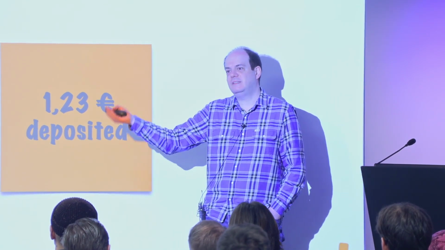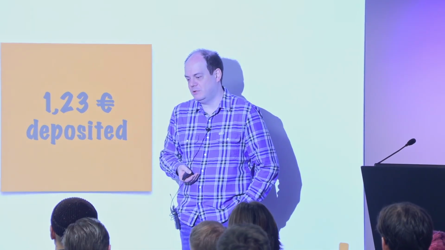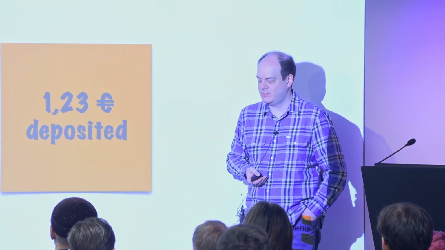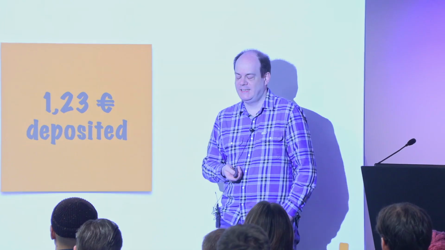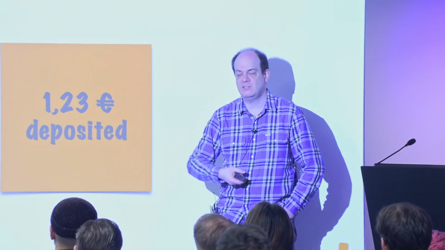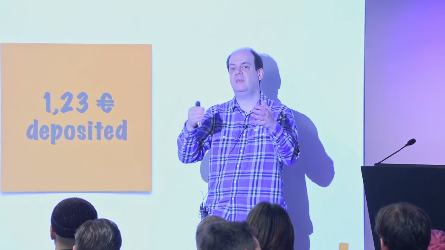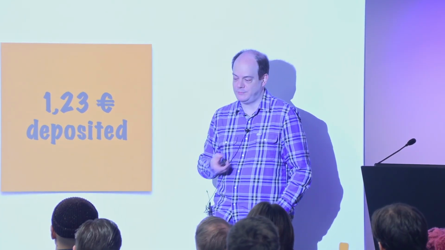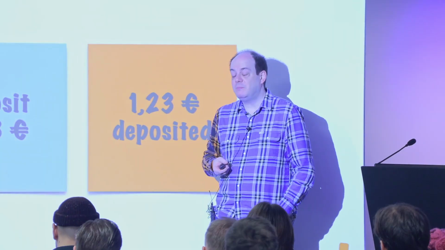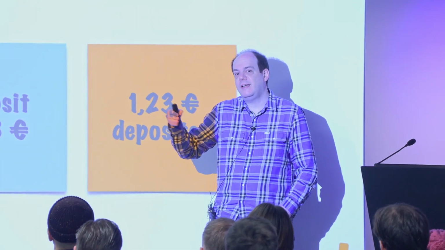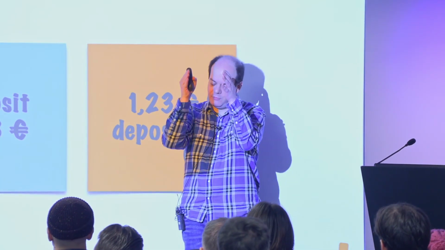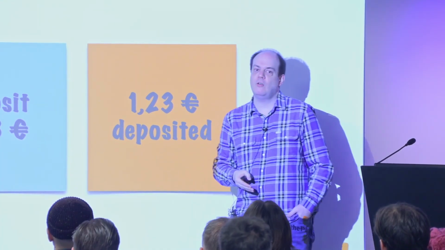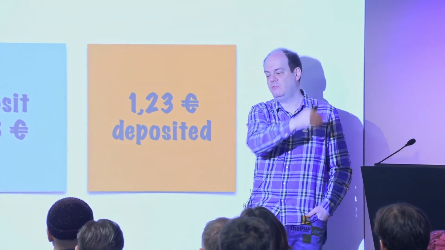So the Hello World example of event stores or event-sourced software is that of a bank account, because at some point something has happened: €1.23 was deposited into an account. Right? But of course, a story like that never happens with the first thing that you look at. There's always been some history before that.